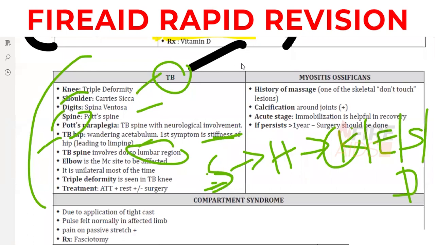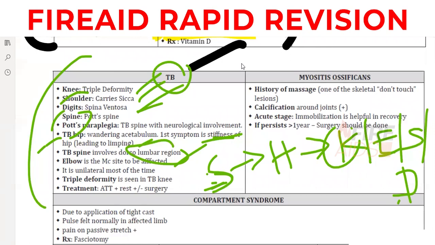When it involves the elbow, you have to know elbow is one of the most common sites which is affected, TB elbow. When it involves the shoulder, it causes something called caries sicca. When it involves the digits, it causes something called spina ventosa.